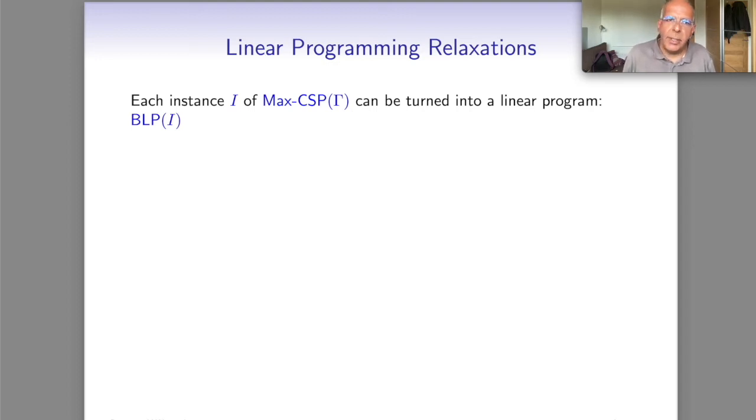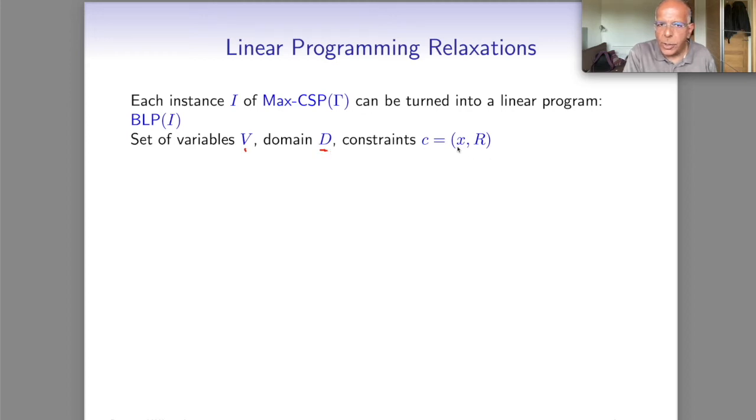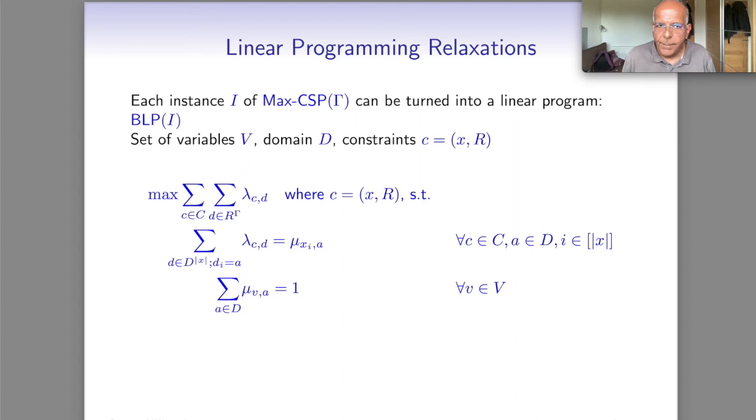So what do I mean by the basic linear programming relaxation? Suppose we have an instance of Max CSP(Gamma), so a collection of constraints. We turn it into a linear program as follows. We have our set of variables V. The domain D of Gamma is fixed, and we have constraints which are tuples of variables from V and a relation R on the domain D. So we turn this into the following linear program.